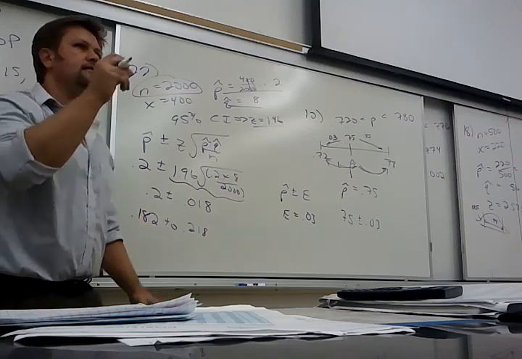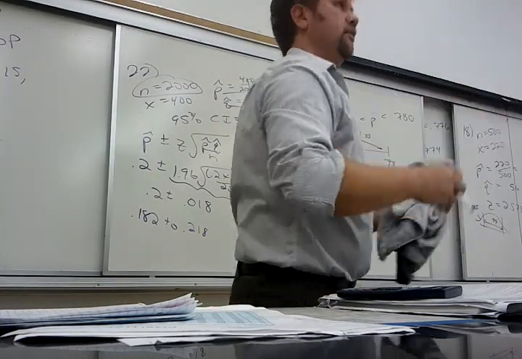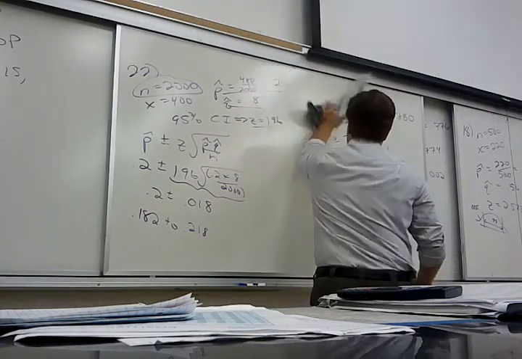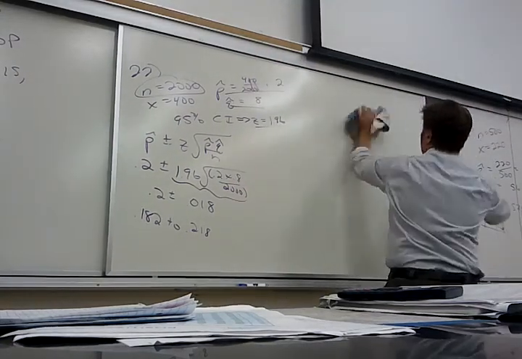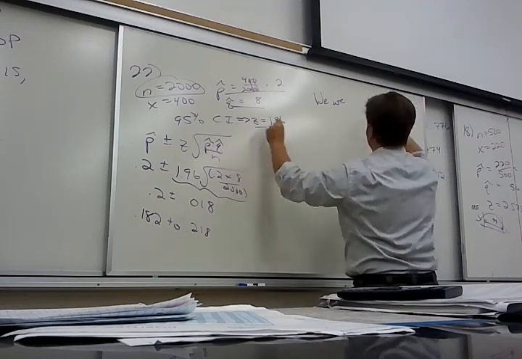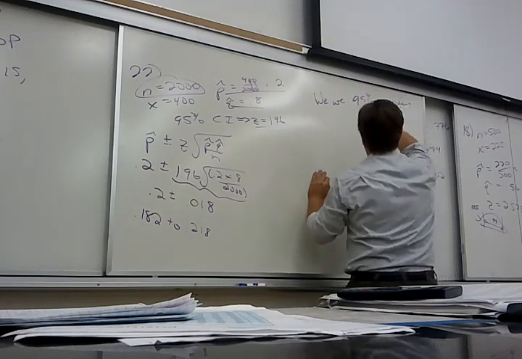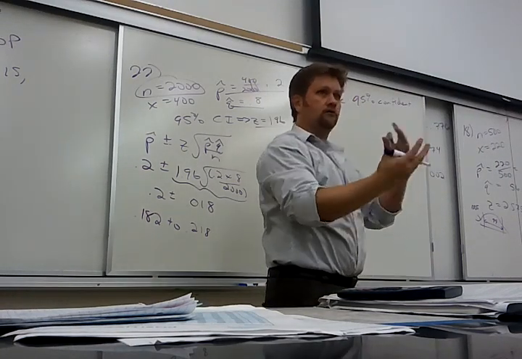So how would you write the statement that you know I'm going to make you write on a test? We are 95% confident, which means we think there's only a 5% chance that we're wrong. That's really what we're saying there.